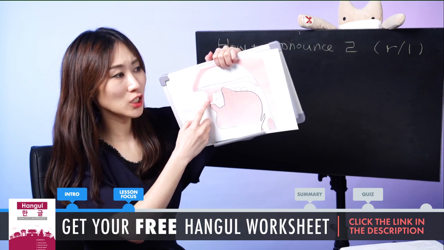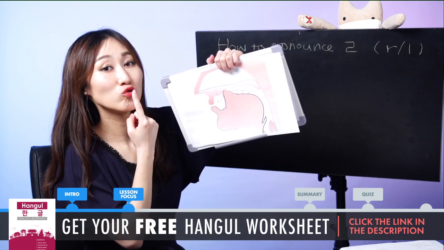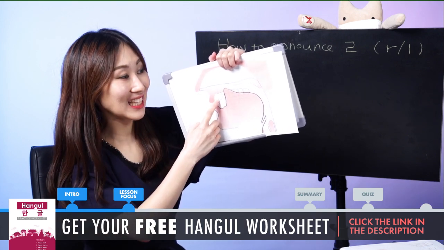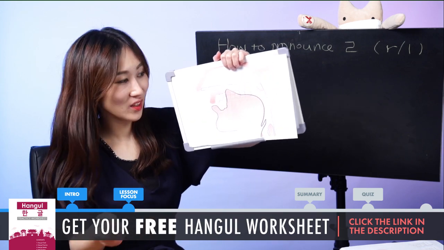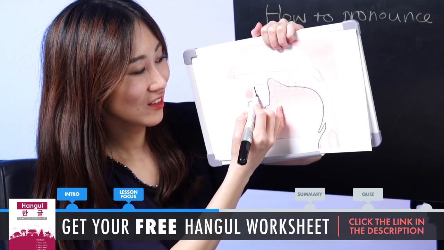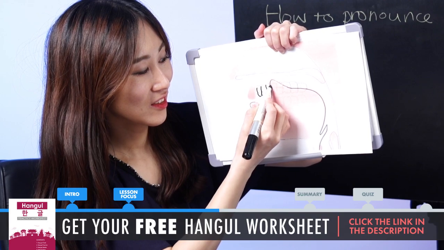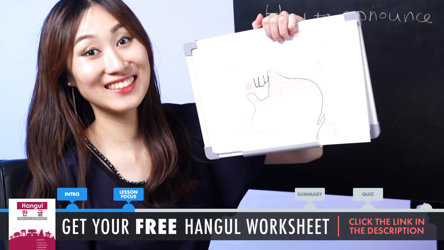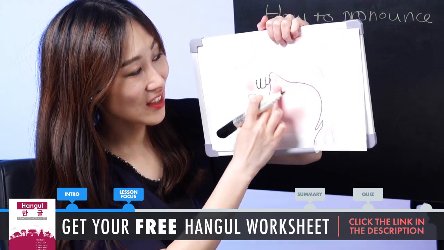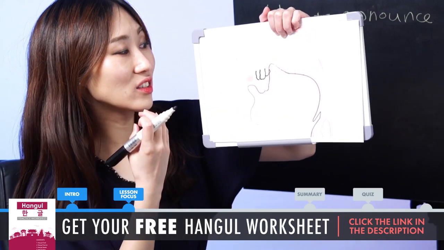This is the mouth, the lip. This is the teeth. I can draw it like this. And this, the red one, is the tongue.